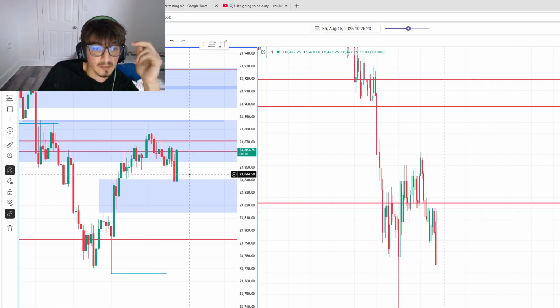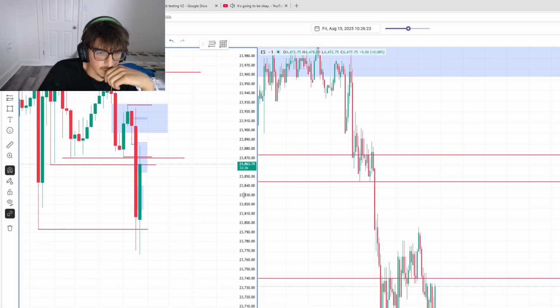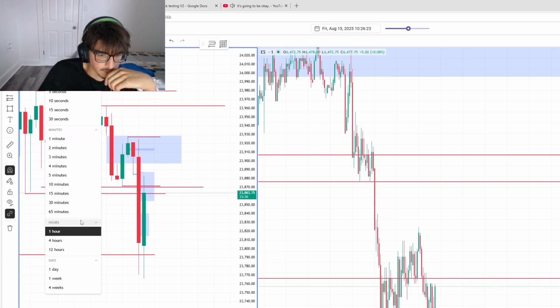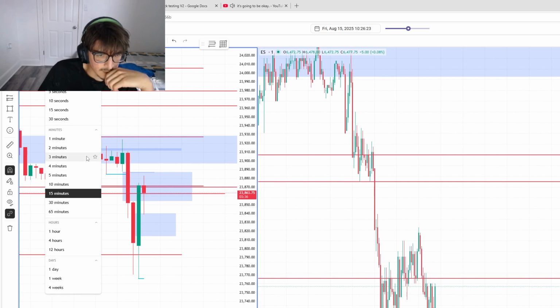What I could see happening, that's going lower. I don't really see a possibility for longs anymore. We got some data lows. Strike this 15-minute gap.